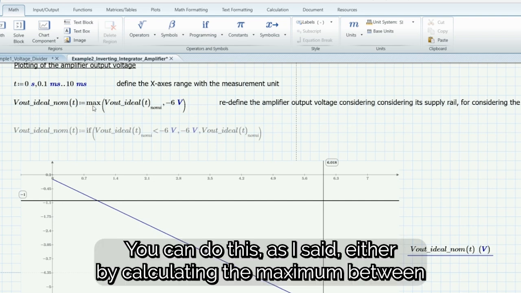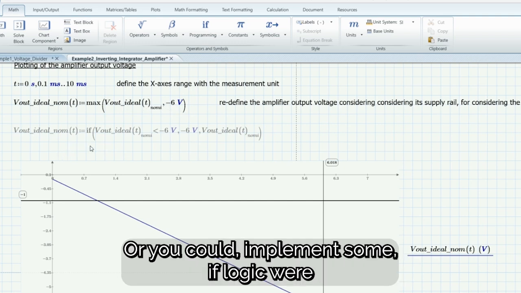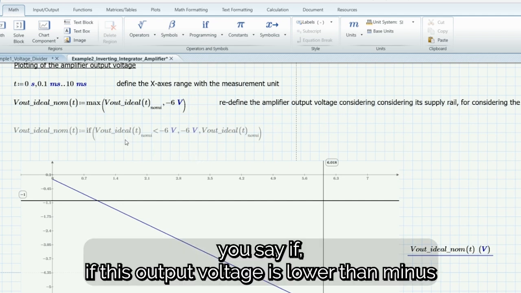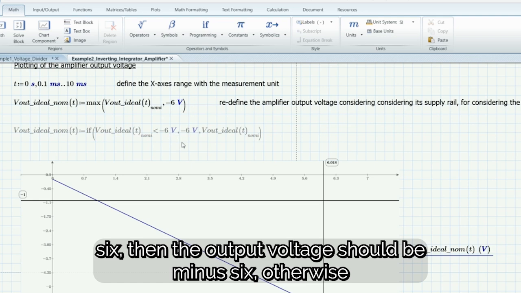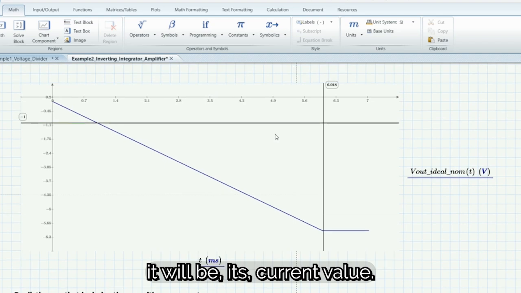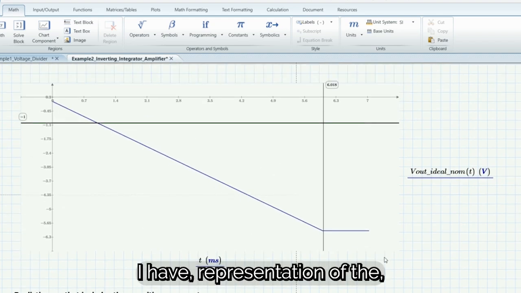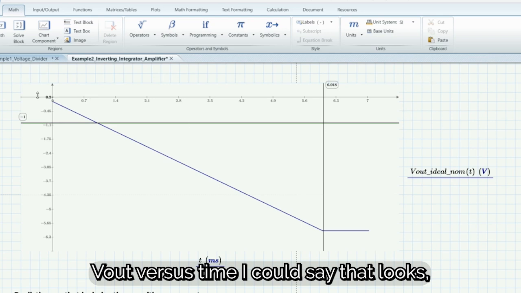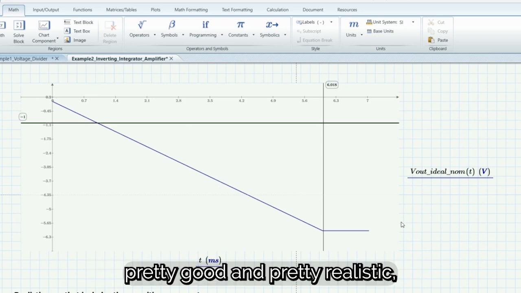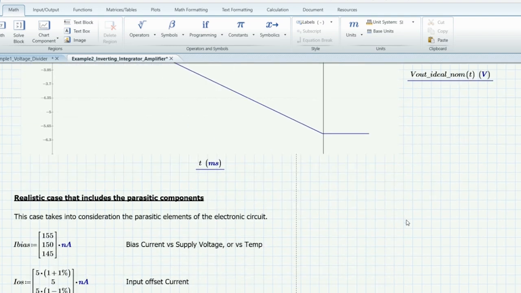You can do this, as I said, either by calculating the maximum between the current value of the voltage itself and minus 6, or you could implement some if logic where you say if this output voltage is lower than minus 6, then the output voltage should be minus 6, otherwise it will be its current value. And you see that I have a representation of V out versus time. I could say that it looks pretty good and pretty realistic, but this is not really realistic.